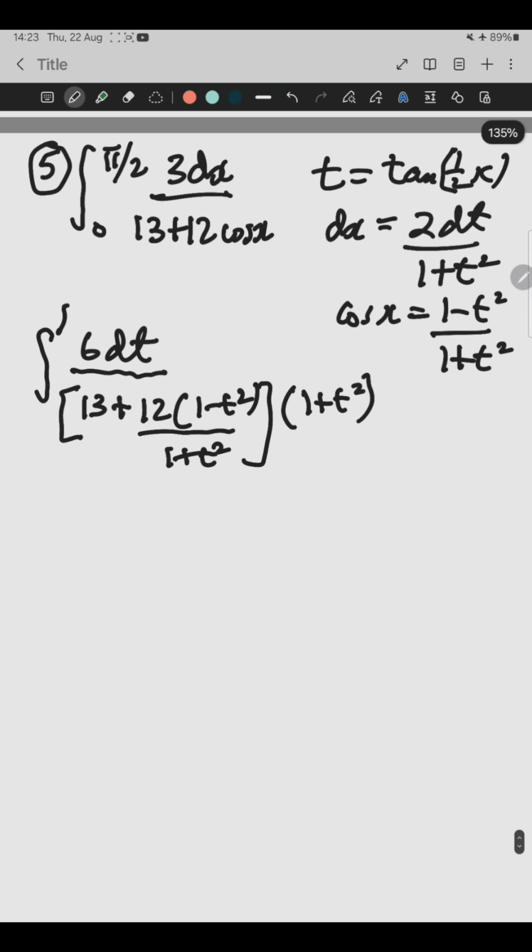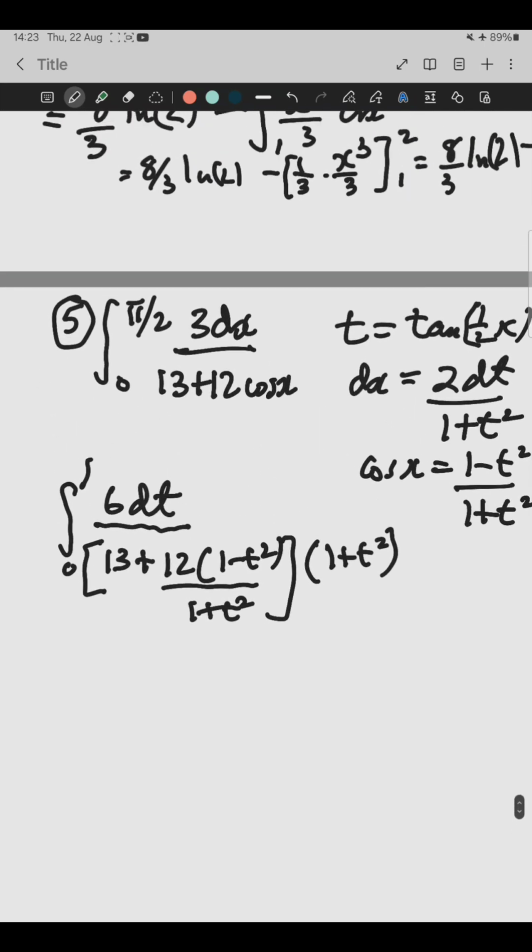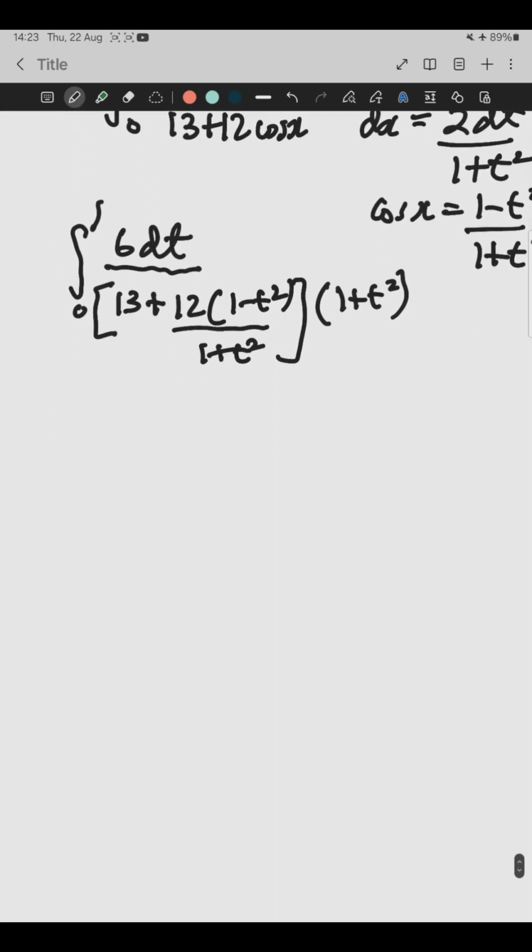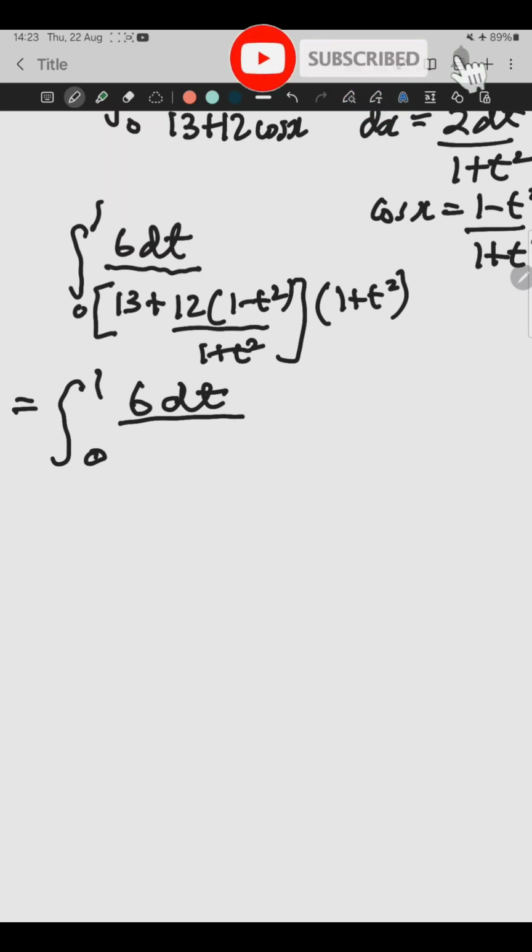And when x is 0, t will also become 0. So that's our new limits. Multiplying all this out, let's see what we get, limits 1 and 0. This will quite easily simplify to 6 dt over, when you've done all your multiplication and multiplied out the brackets, t squared plus 25.